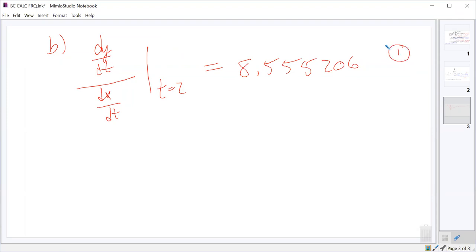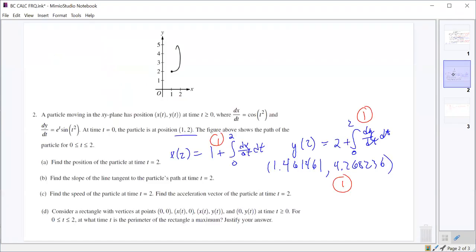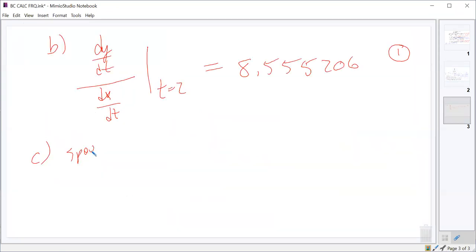Any questions on part B? No questions. All right. Part C, we want to find the speed of the particle at t equals 2 and the acceleration vector of the particle at t equals 2. So the speed of a particle ought to be what?